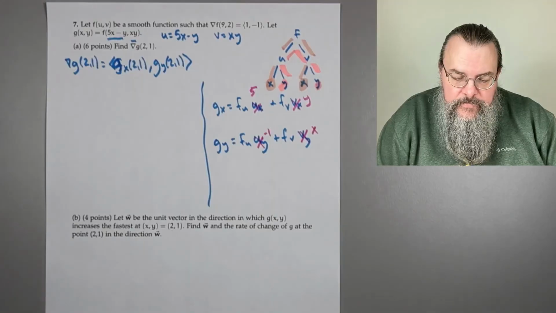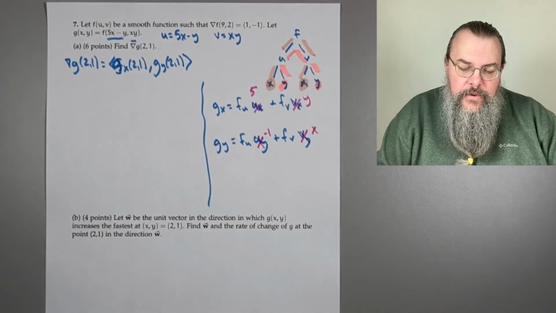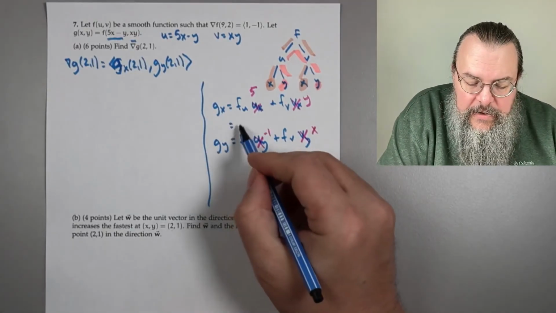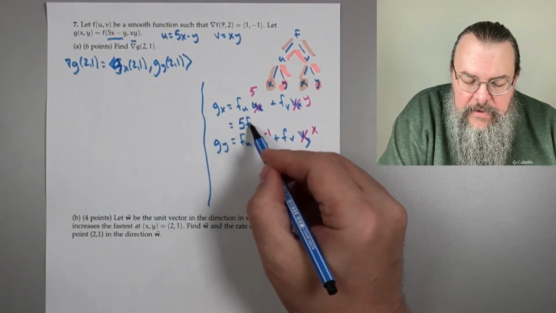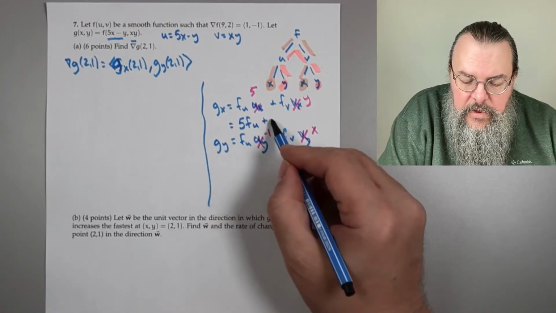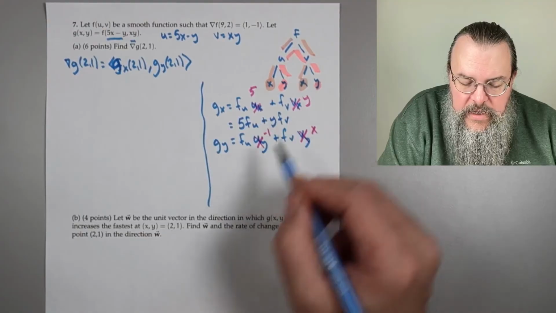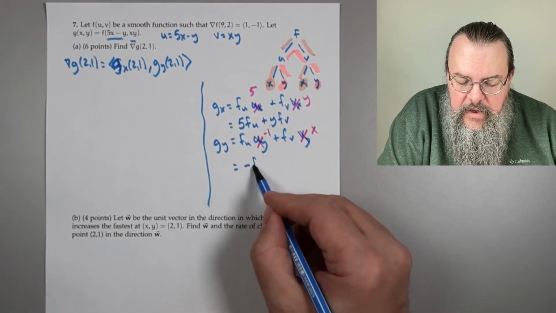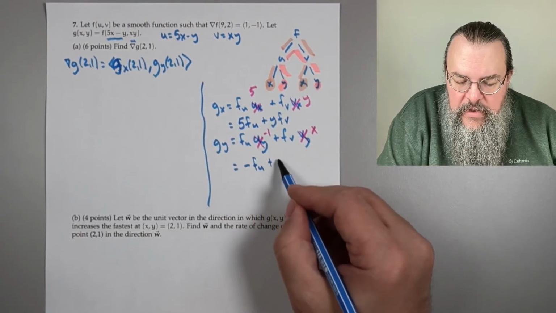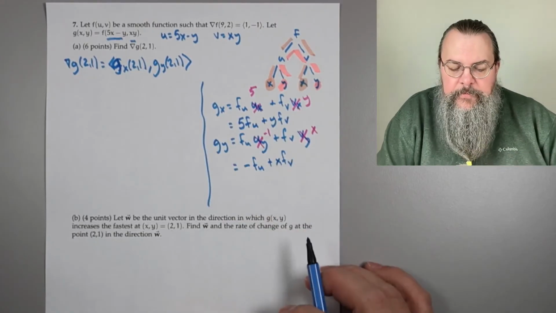All right, cool. So this says g sub x is 5 f sub u plus y f sub v. Here we have g sub y is minus f sub u plus x f sub v.